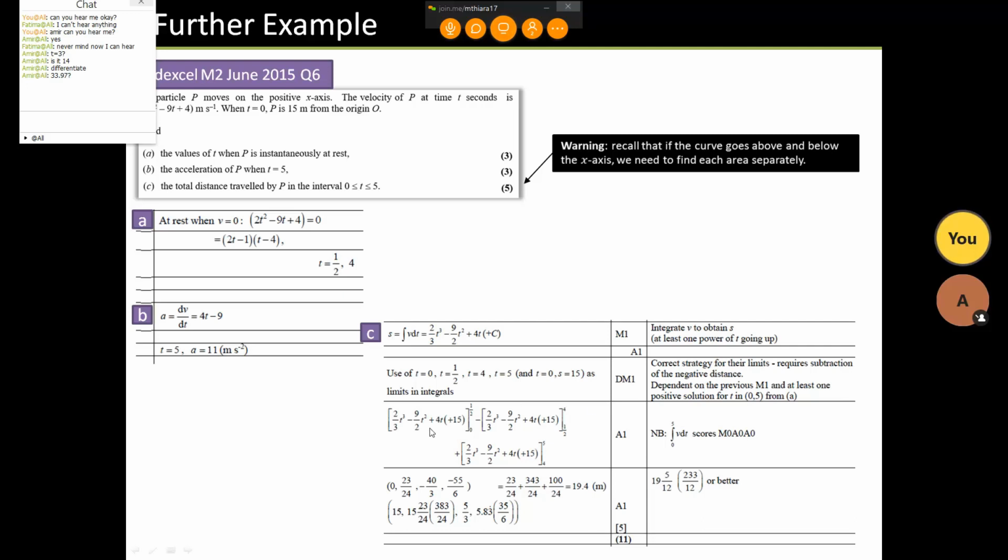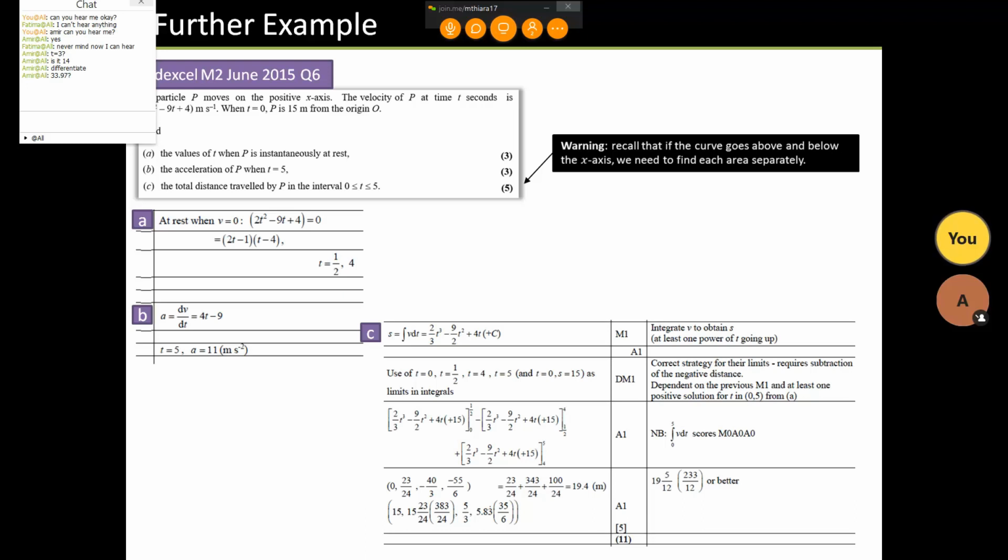So for the first integral you get, substituting 0 and you get 0, substituting a half and you get 23/4. Alright, so the area of the second bit there is going to be minus 40/3, but adding that on will change it. Yeah, hopefully this makes sense here.